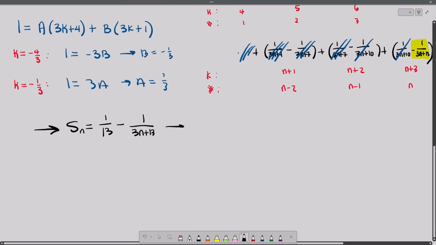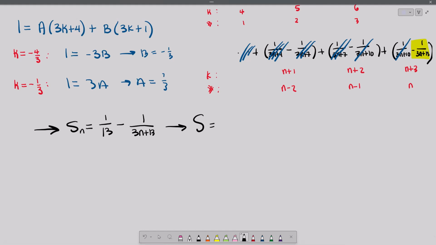So S for the series part of it is how much? 1/13. The limit as n goes to infinity, this part here is going to go to 0, so this will be 1/13.